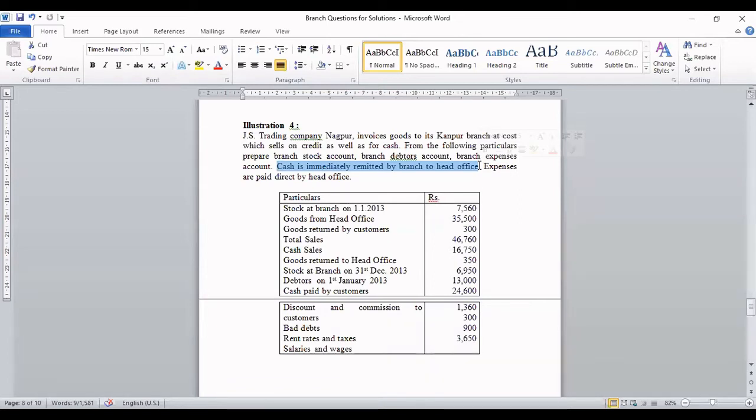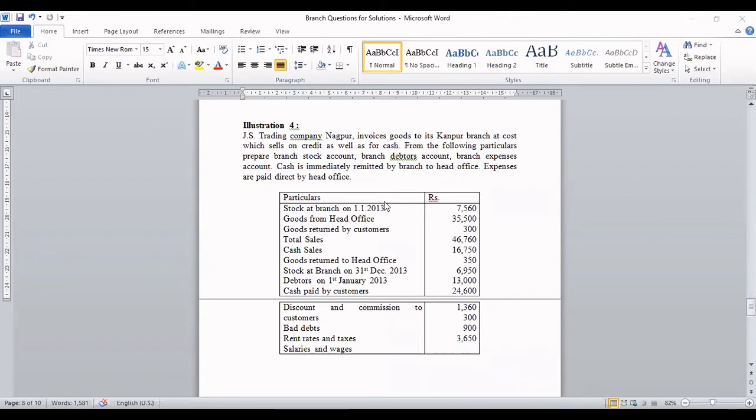That means whatever cash they get, immediately they transfer to the head office. That means we don't have to prepare branch cash here. Is this part clear? Everyone understood? Yes, sir. Because cash is immediately given to the head office, they don't keep the headache of making a separate branch cash account.